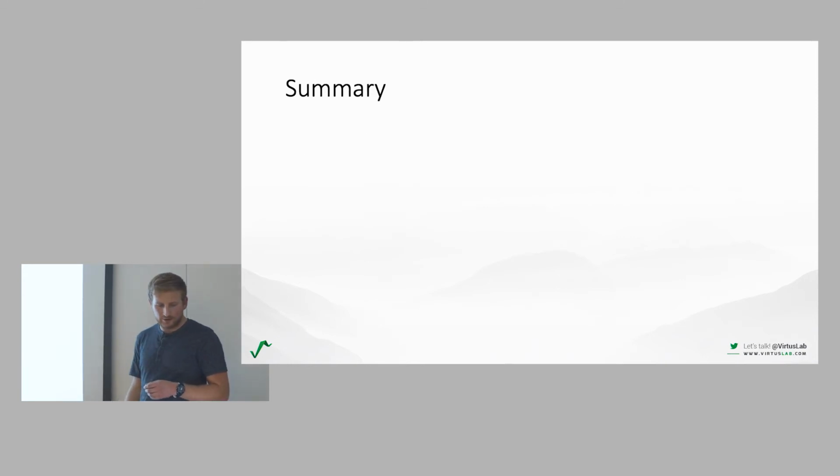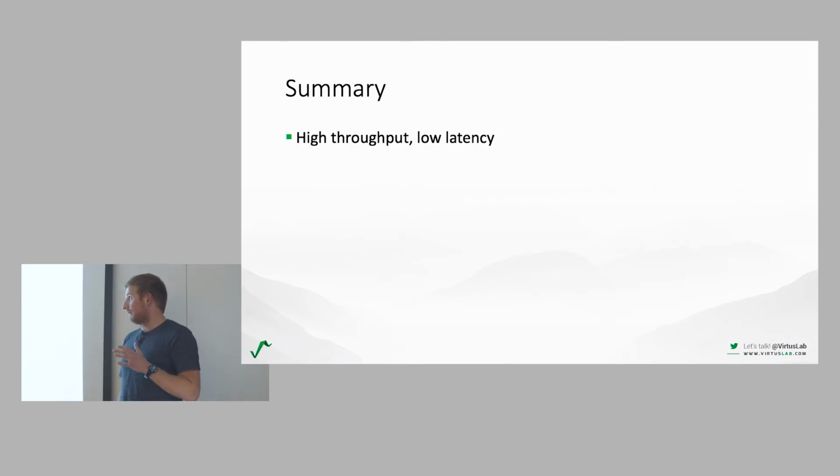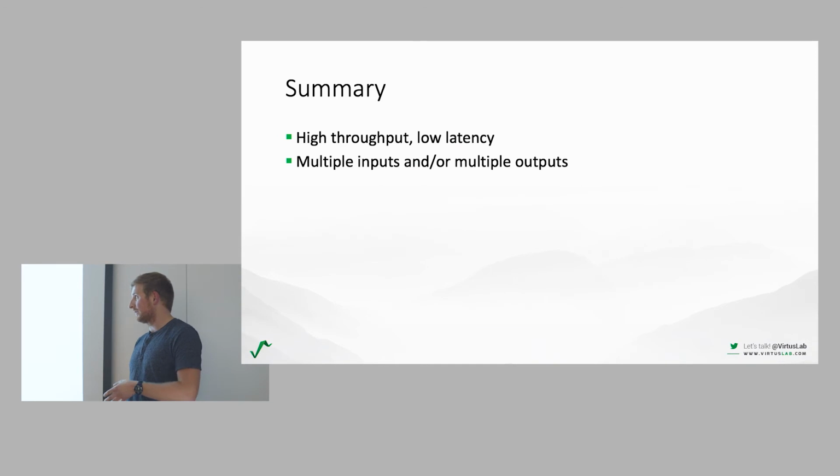Heading to the summary: if your platform has high throughput and you expect low latency, you have multiple inputs where even one input may cause different calculations, you expect different results, you have multiple derivatives and thus multiple outputs, you should probably consider stream processing.